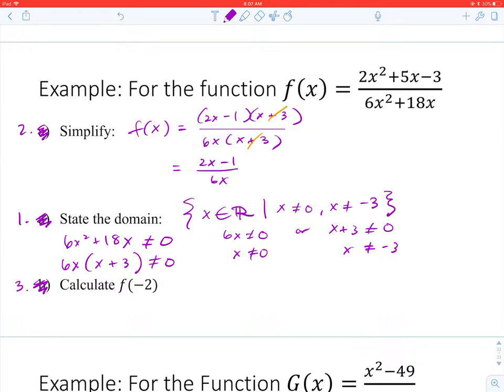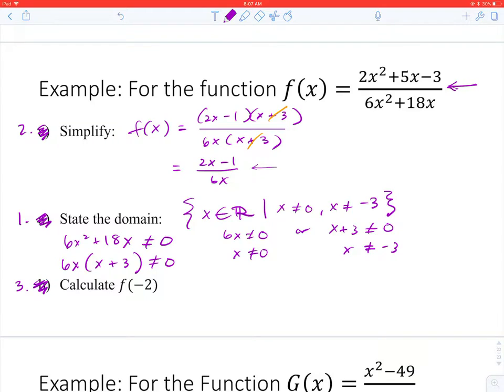Now in class I showed them that if you type the original function into your calculator to graph, and you were to type in 2x minus 1 over 6x, the graphs would look like they just overlap. They're the same graph.